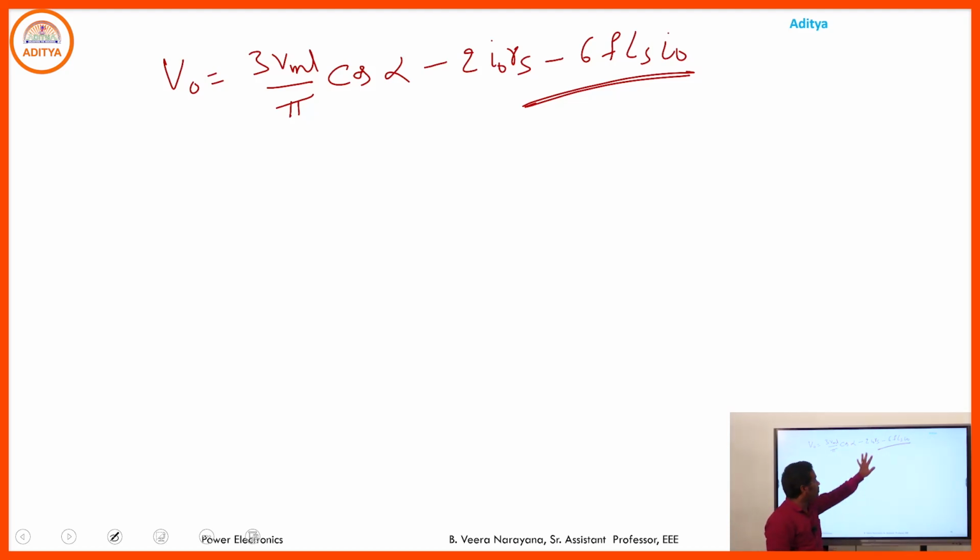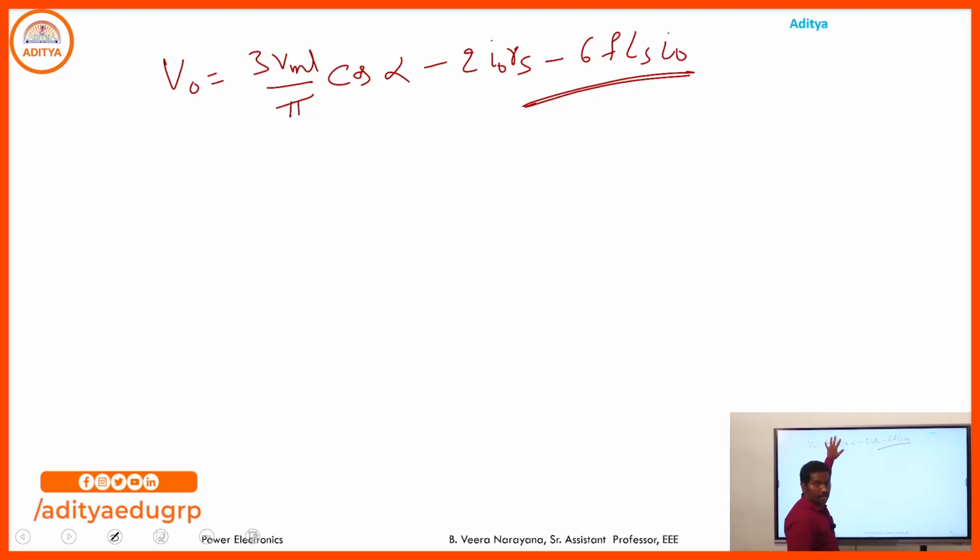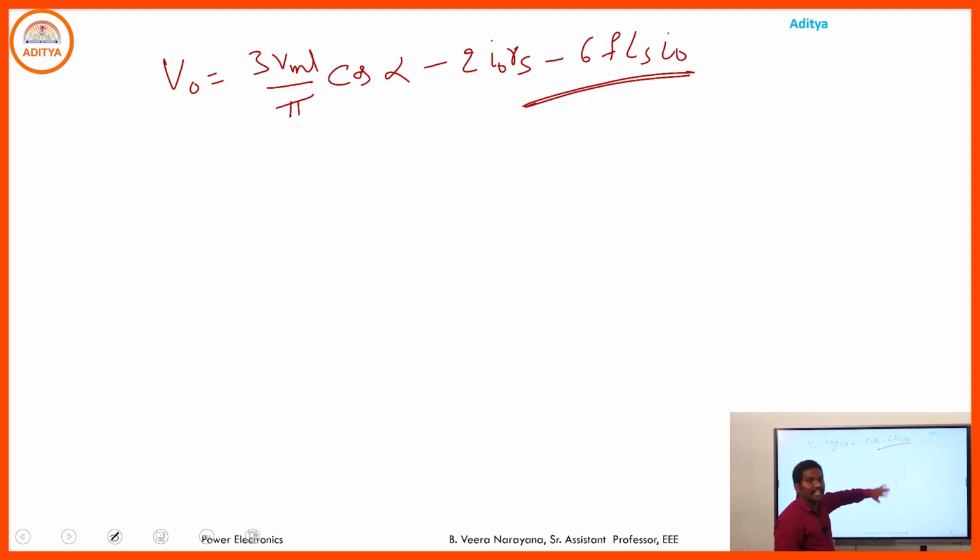If there is no source impedance, then the output voltage is 3 VmL by pi cos alpha. If you consider the source impedance as the combination of resistor and inductor, then 2 I naught Rs is the voltage drop across the resistor and 6 f Ls I naught is the voltage drop across the inductor. So the final average DC output voltage is given by 3 VmL by pi cos alpha minus 2 I naught Rs minus 6 f Ls I naught.